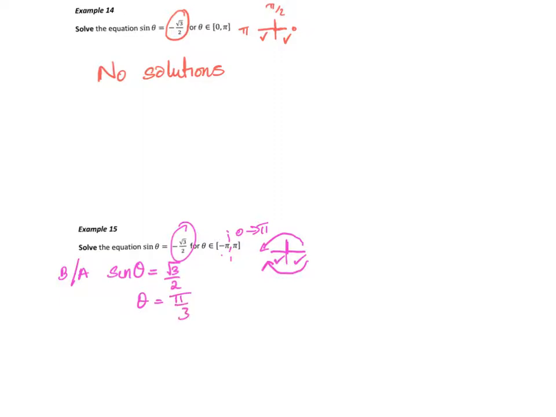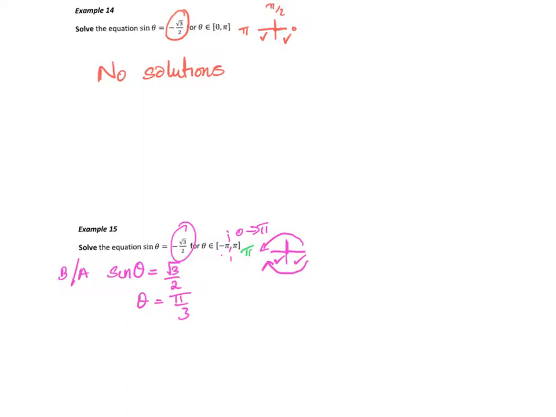So that's my basic angle. That's my angle in the first quadrant. Now, going forward, do I want anything in the first quadrant? And the answer is no, because my solutions would be in the third and fourth quadrant. But I'm only going as far as pi. So therefore, I'm not going to accept anything going in the positive direction.